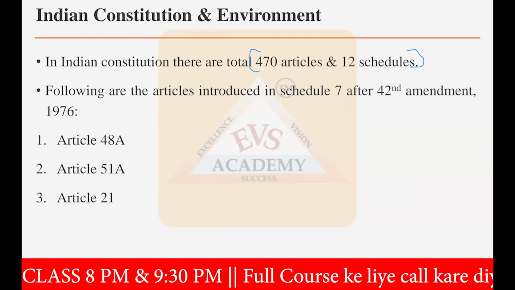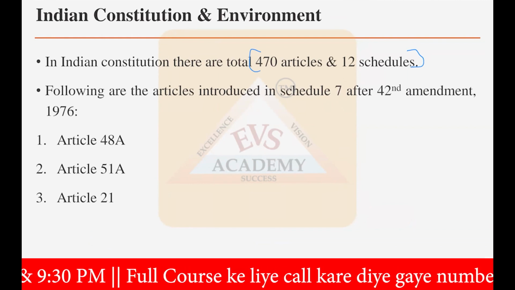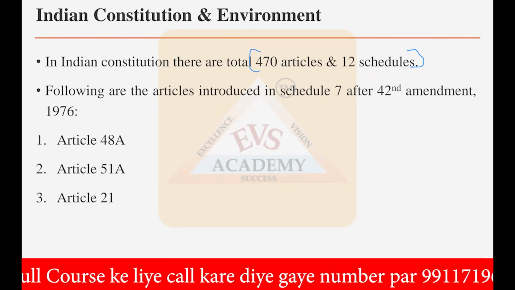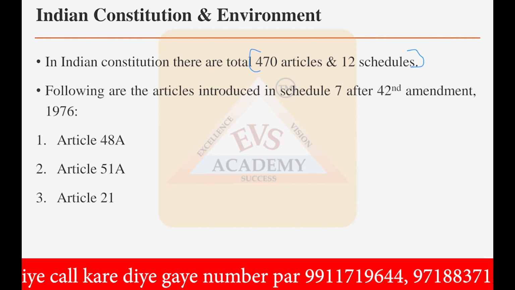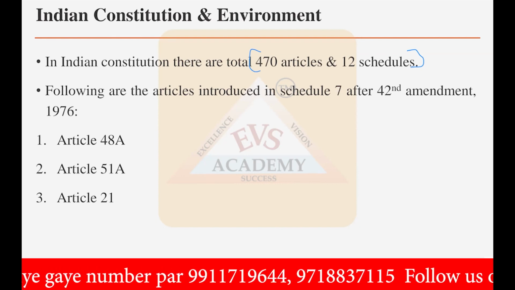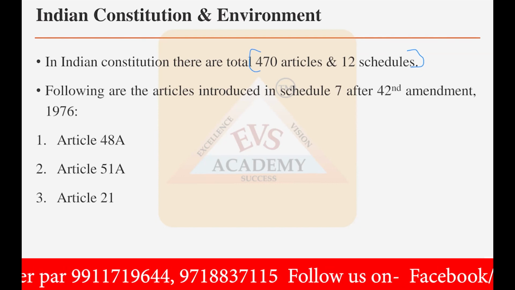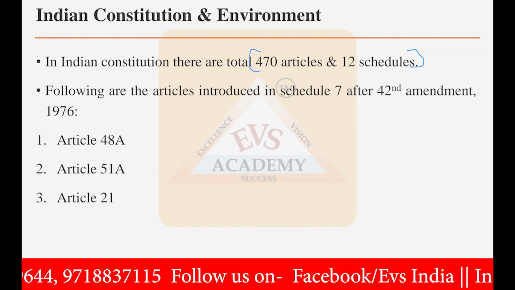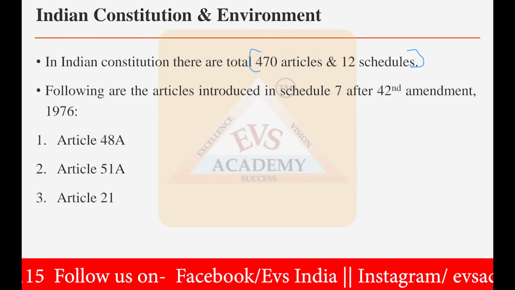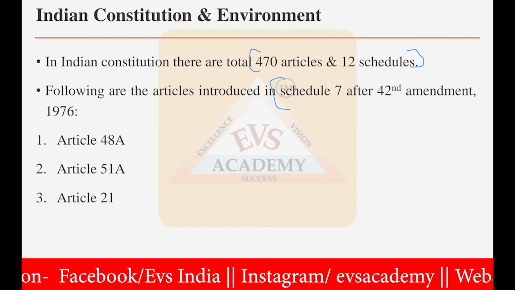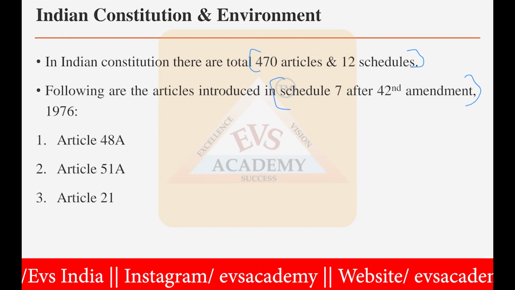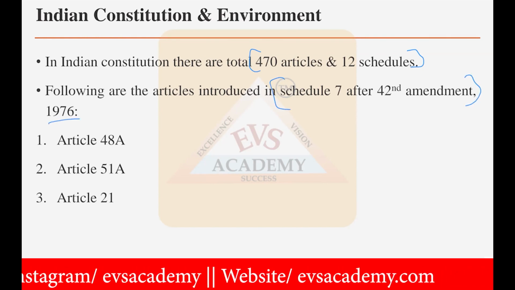Here are the names and numbers of the articles that are written in Schedule 7 after the 42nd amendment of the Constitution in the year 1976. All three of these articles, which are written under Schedule 7 and which were added in the 42nd amendment of 1976, were related to the environment.